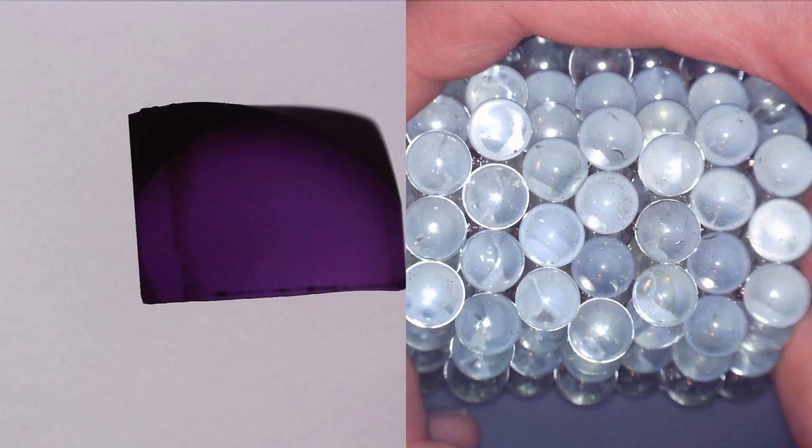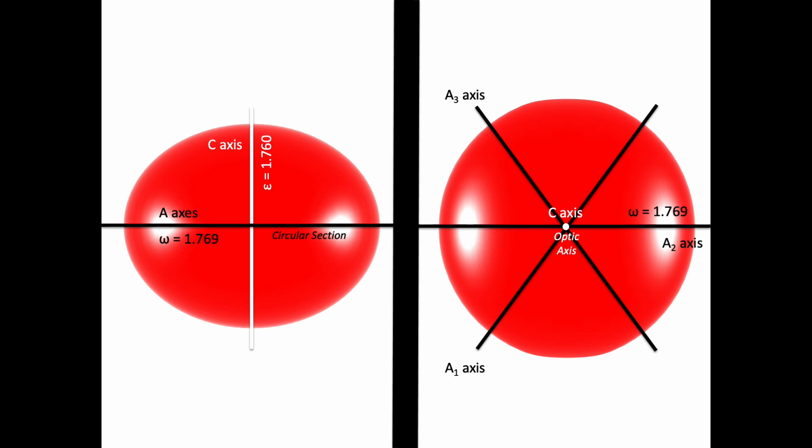A three-dimensional representation of the different refractive indices caused by our microscopic crystalline structure is known as an optical indicatrix. Here's a representation of the optical indicatrix for corundum. This is highlighting the two different views through our optical indicatrix that are equivalent to the views we've taken through our flame fusion synthetic corundum.